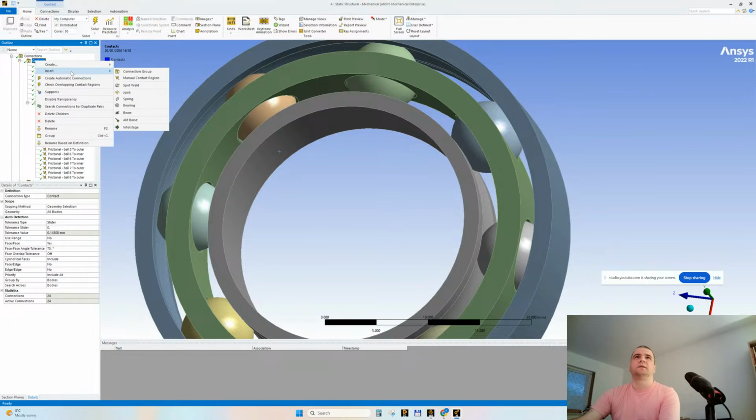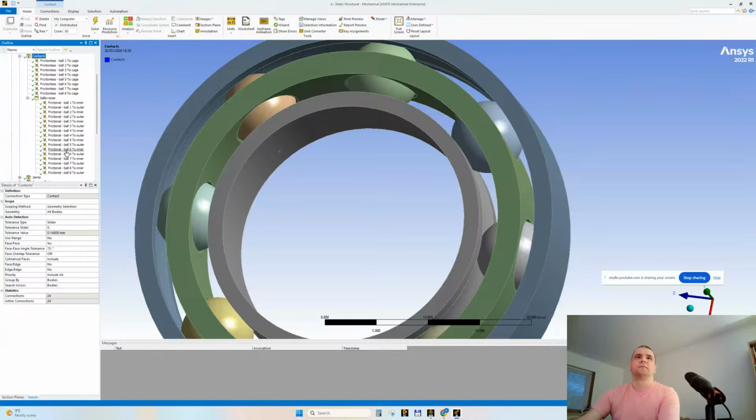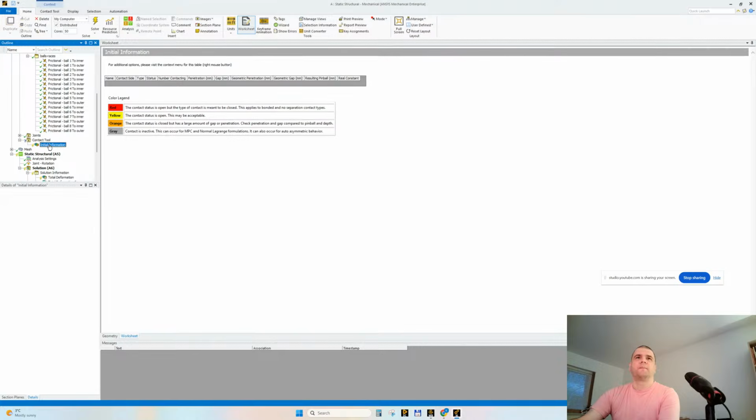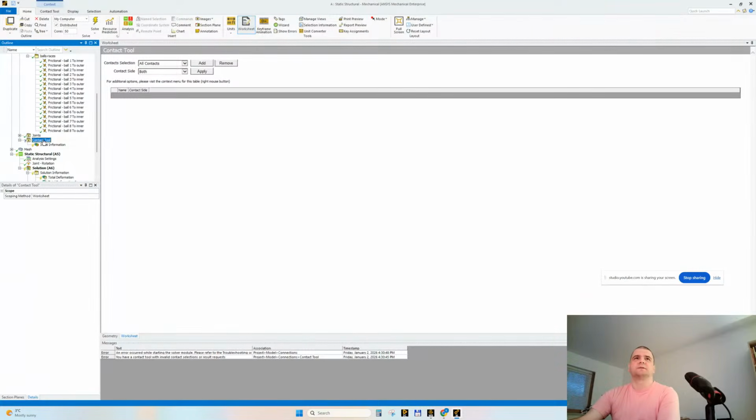Create contact tool. In here, right-click, generate initial contact results. This is very useful for professional users because they have an idea about the gaps.